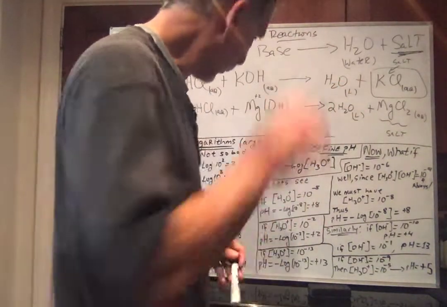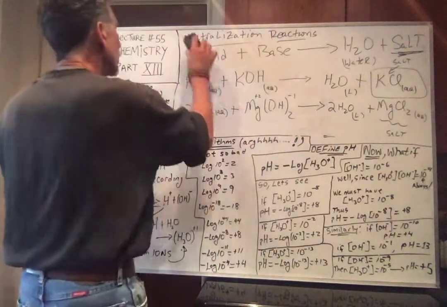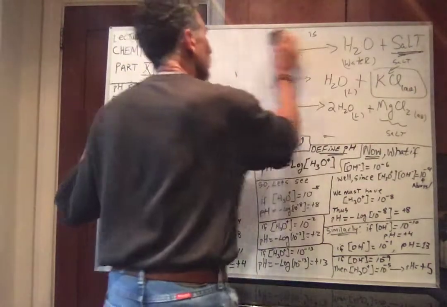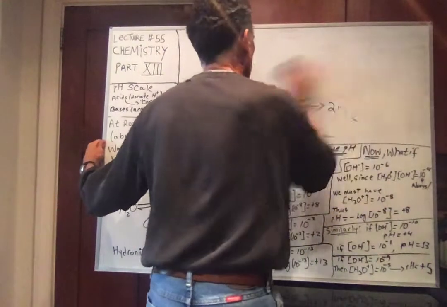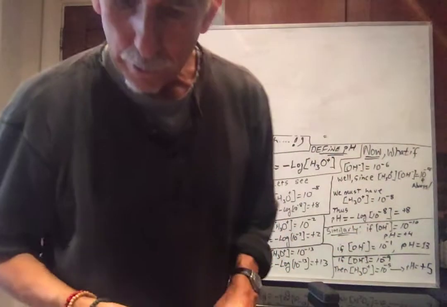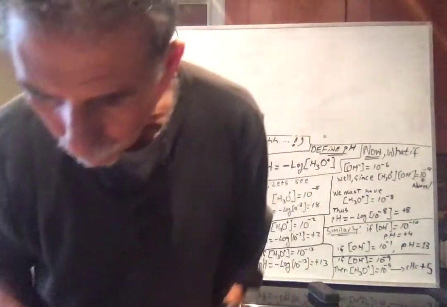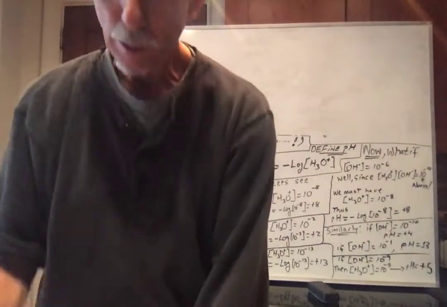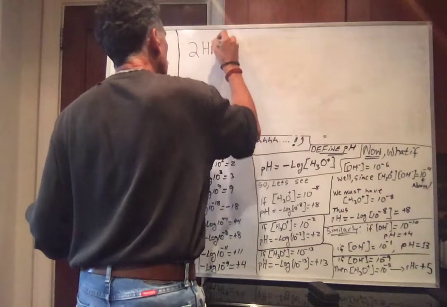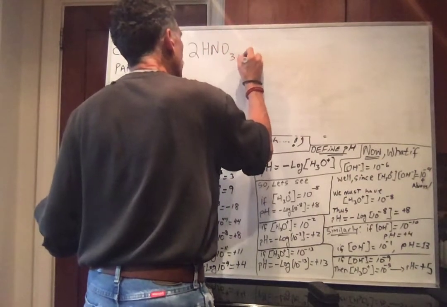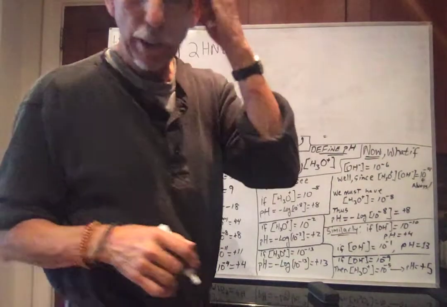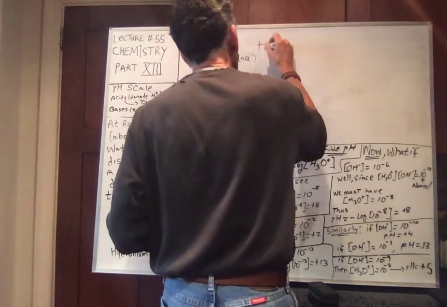We'll do another example. Let's see, we have nitric acid, aqueous, HNO3, right? And we're going to add that to barium hydroxide.